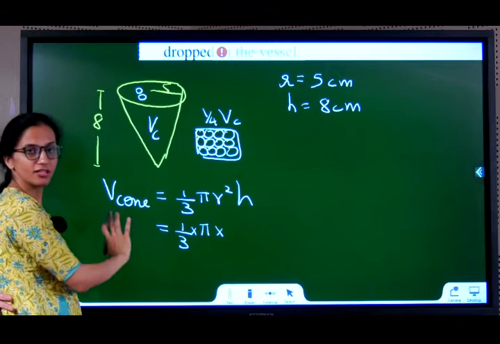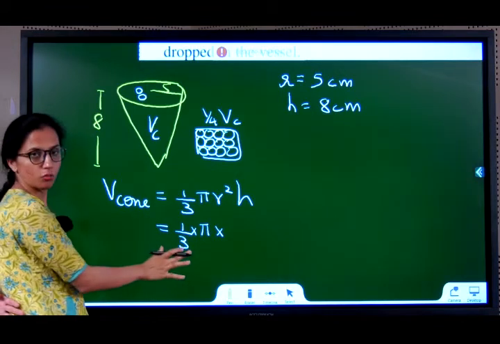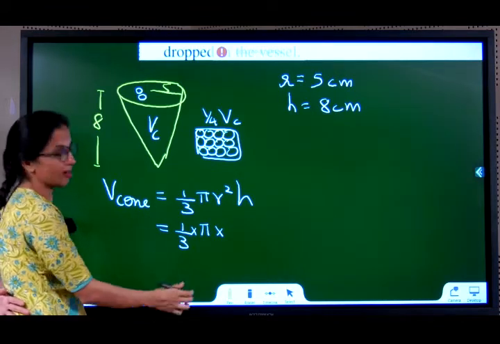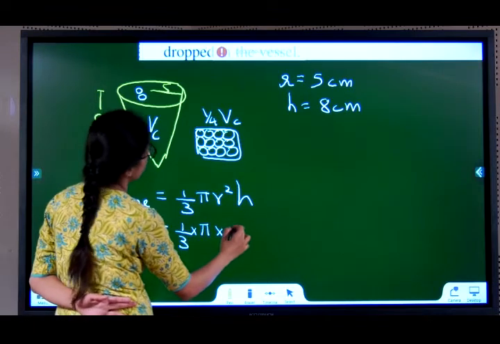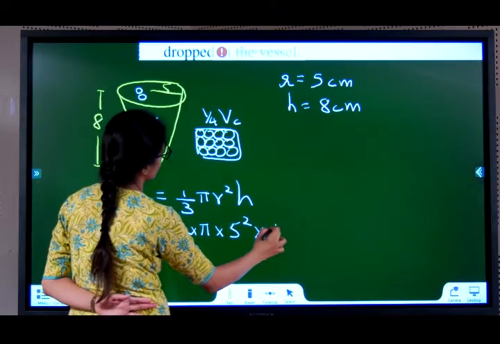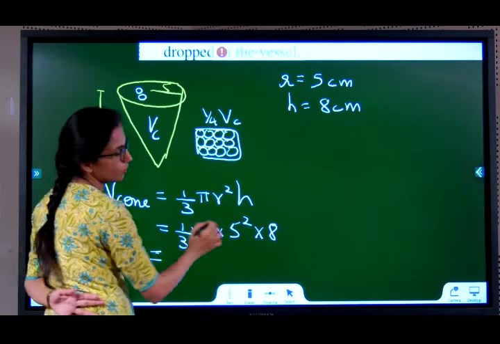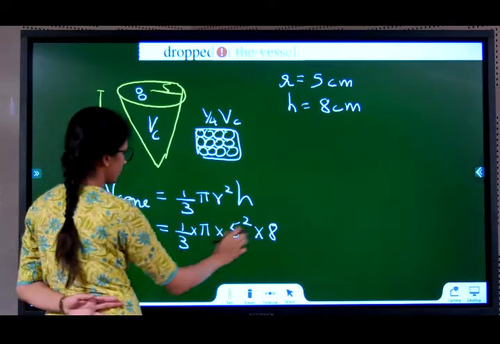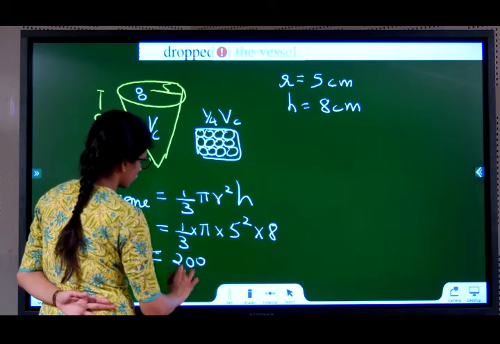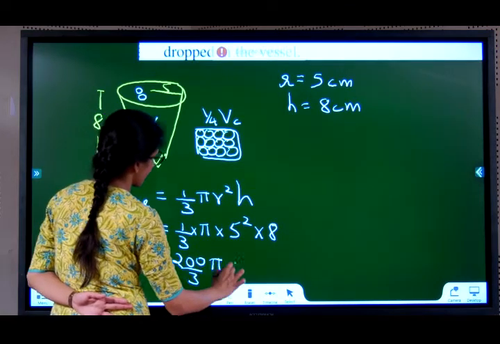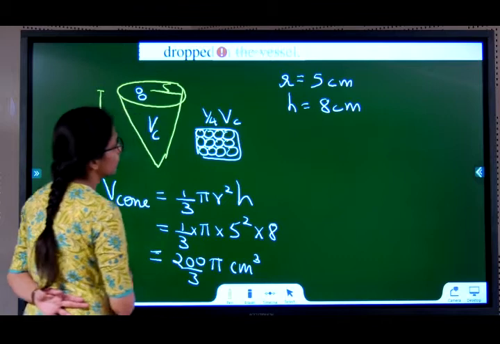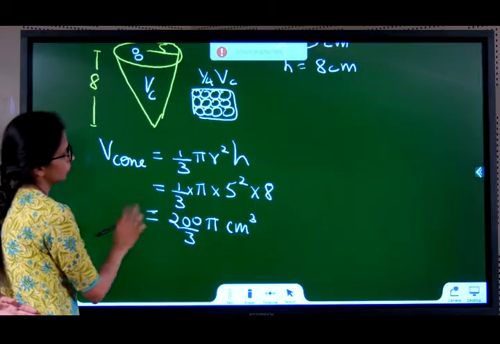Is this your final answer? No. We don't want the volume. This is just a step in our problem. R is 5, square, H is 8. 25 into 8. 200 by 3. So 200 by 3 pi centimeter cube is the volume of the cone.